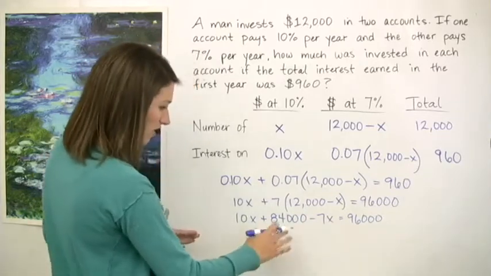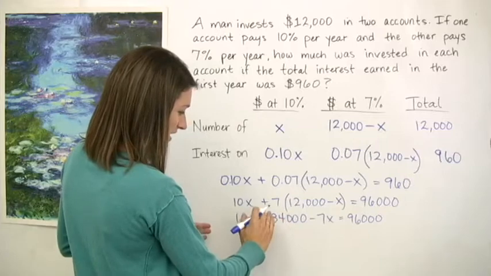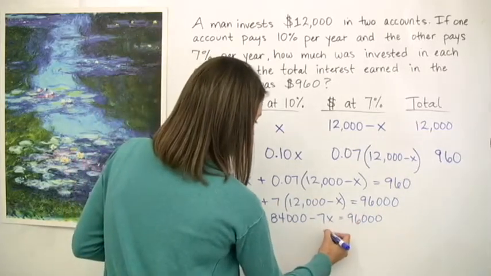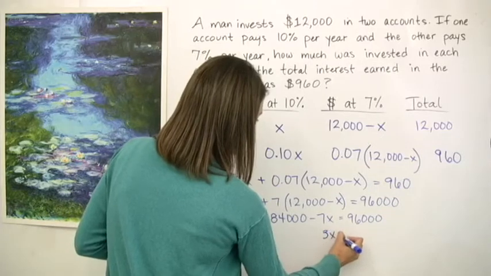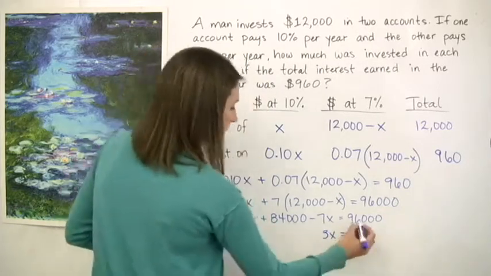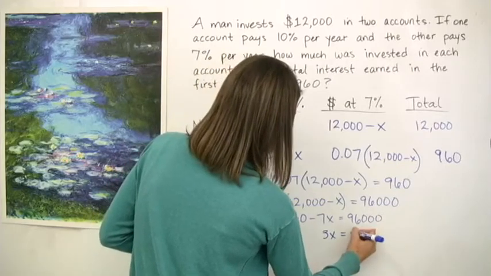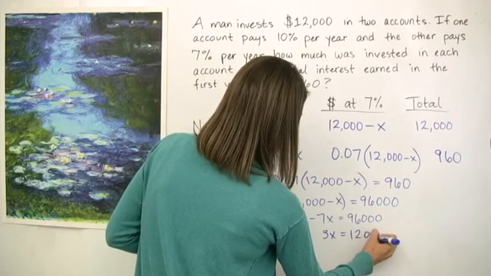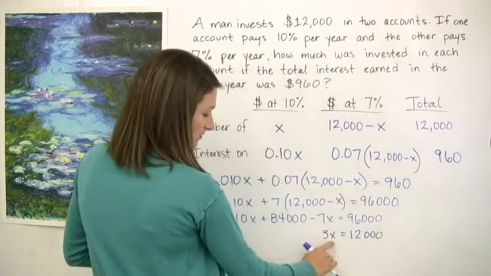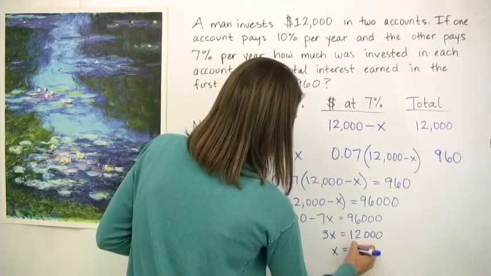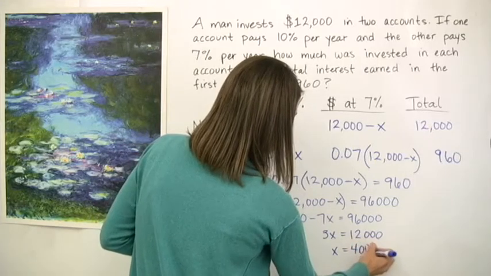And in one step, I'm also going to subtract 84,000 from each side. So that leaves us with 3x is equal to 96,000 minus 84,000, which leaves 12,000. Then divide both sides by 3, and we're left with x equals $4,000.